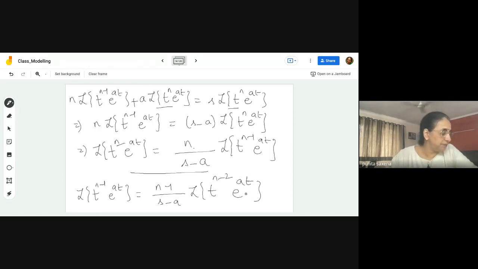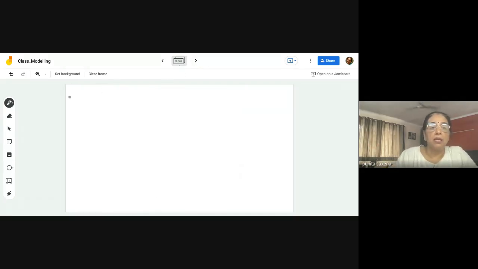That will be it, right? Yes, ma'am. Similarly, again if I use, can I not find the Laplace of t to the power n minus 2 e to the power at? That will be n minus 2 upon s minus a Laplace transform of t to the power n minus 3 e to the power at, and so on and so forth.